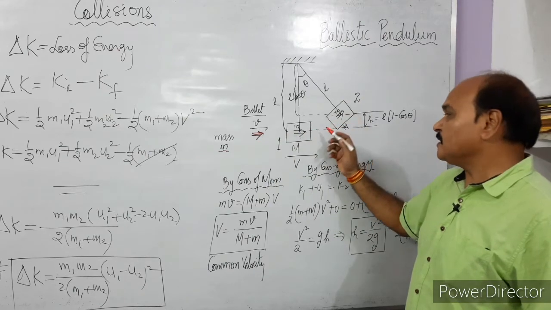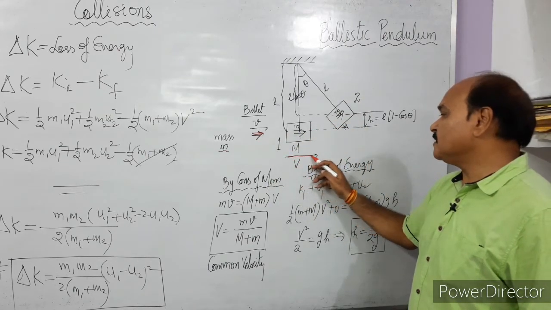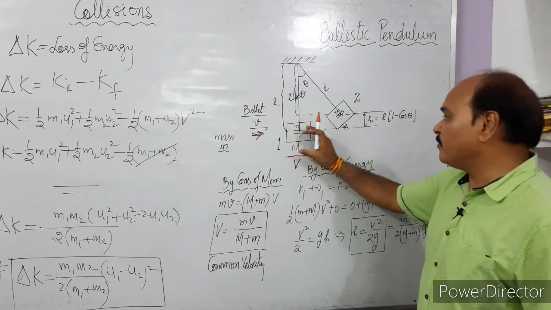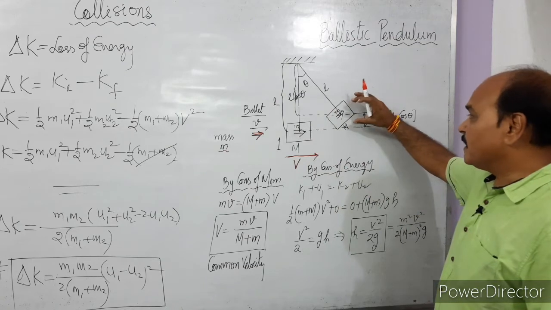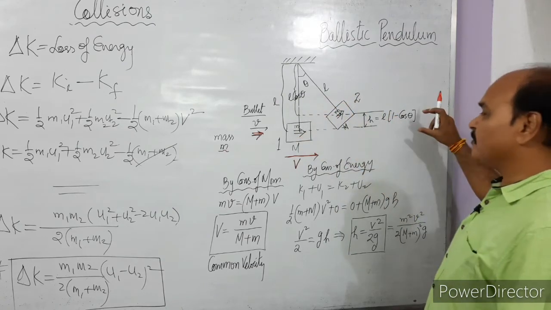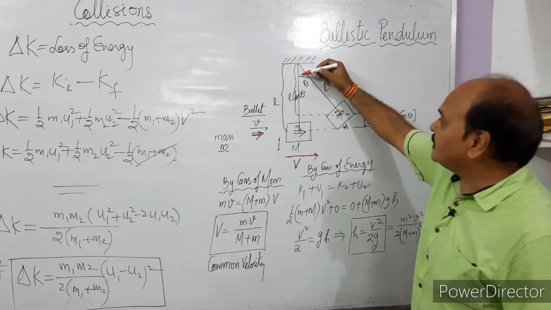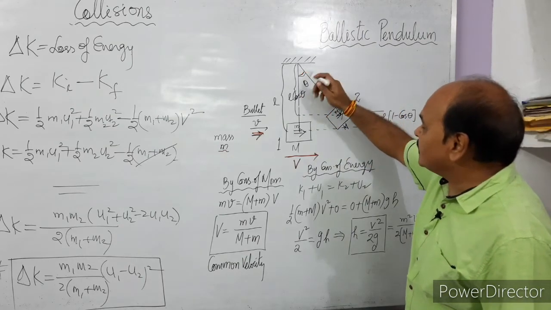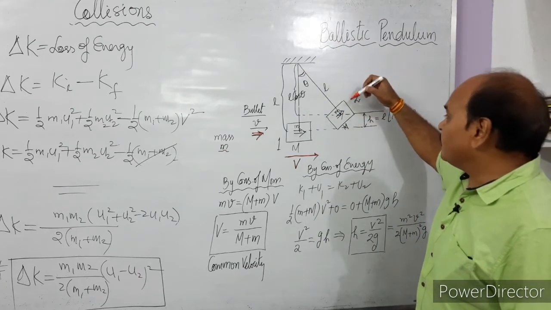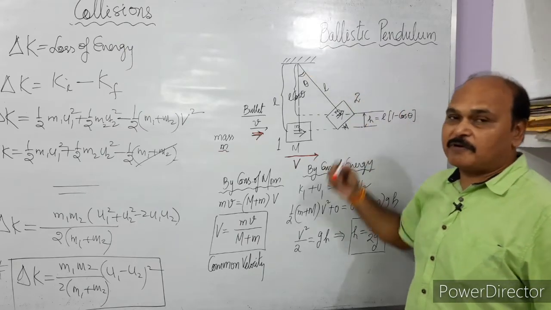As a result, the combined mass moves with a certain velocity, say v, and keeps moving until it comes to rest. So what is the height up to which this mass rises, or what is the angle theta by which the string rises? When the mass rises to this extreme position, what is the angle theta the string makes from the vertical?